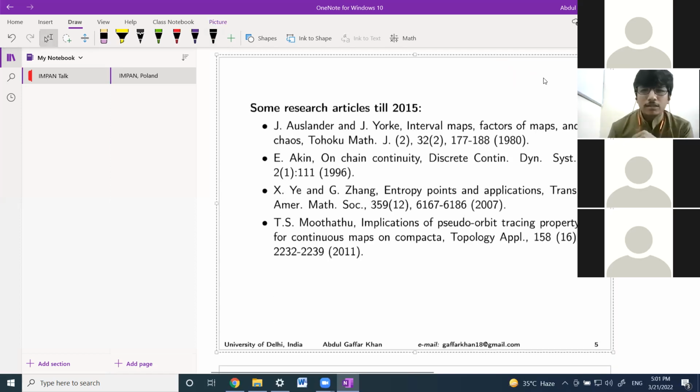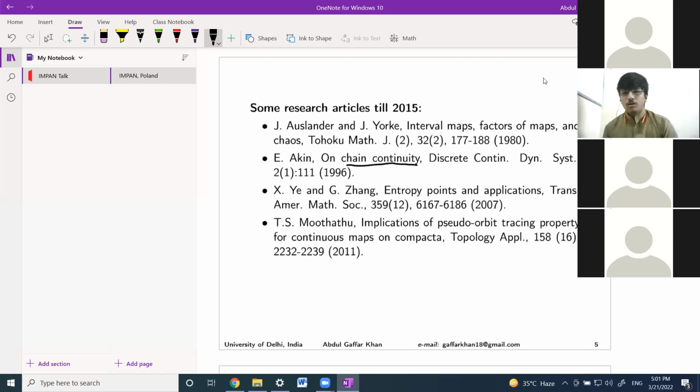In 1996, the notion of chain continuity was again introduced by using chain continuity points. At first instance, a chain continuity point may look like a close version of the notion of shadowable point, but they are actually related to the notion of equicontinuous points, basically the reverse of sensitive points. So he has used this notion to characterize spaces admitting equicontinuous maps and chain continuous maps.